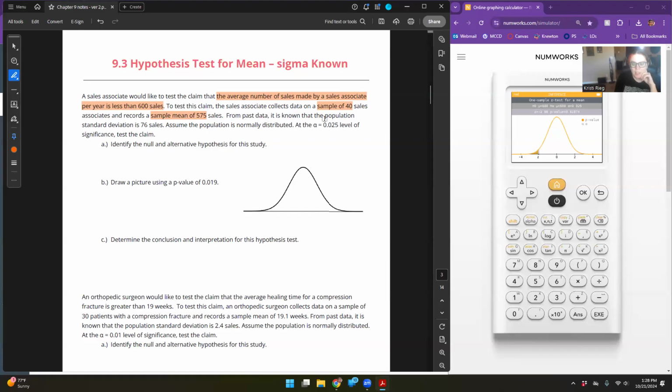From past data, it is known that the population standard deviation is 76 sales. So this is where we know what sigma is. Assume the population is normally distributed, and it says at the alpha equals 0.025 level of significance, test the claim.